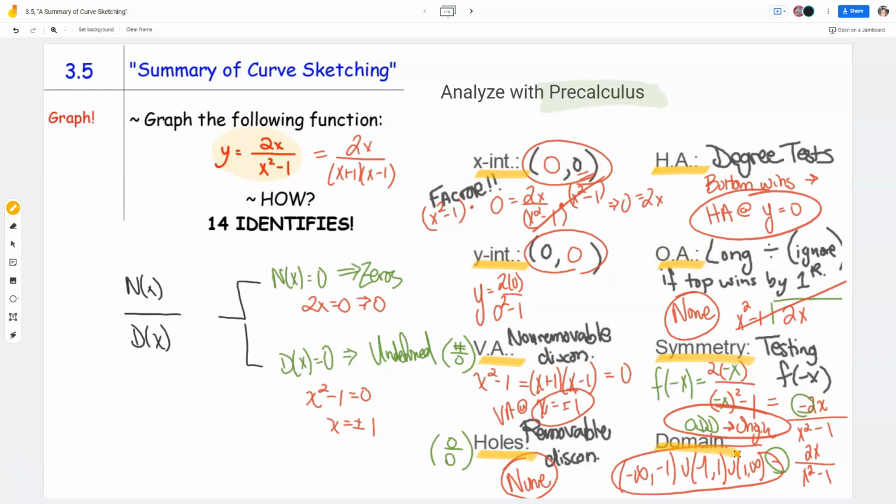Intercepts, asymptotes, poles, all the different asymptotes, symmetry and domain. What's missing? Making a big old table and plugging in lots of points and hoping we have enough to see what it looks like. But that's the dangerous part. We could do it, but that's not very precise, not very systematic, and dangerous.